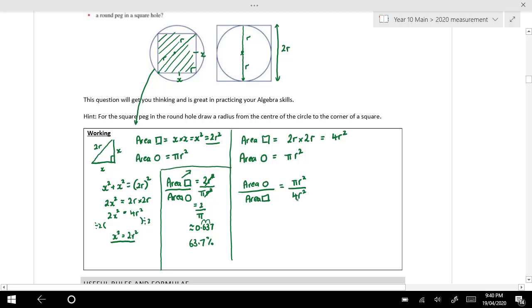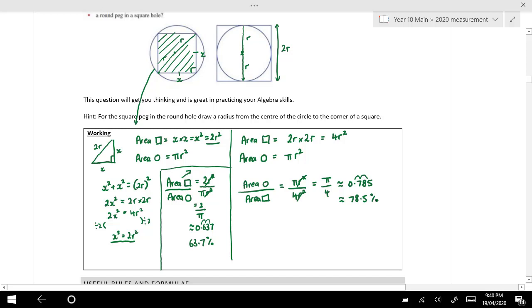And once again, those r squareds are going to cancel out. And that's going to be pi divided by 4, which we can just do in a calculator. Pi divided by 4 is 0.785. Now, if we convert that to a percentage by timesing by 100, that's approximately 78.5%.